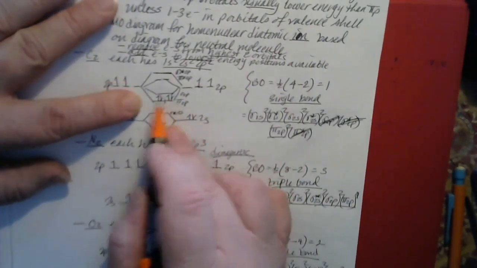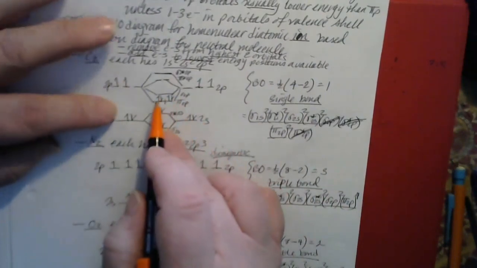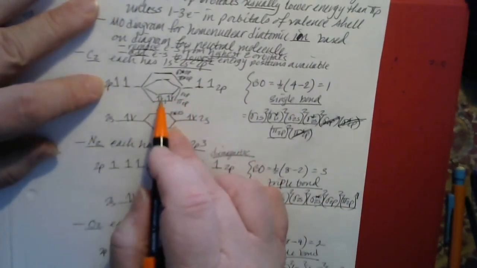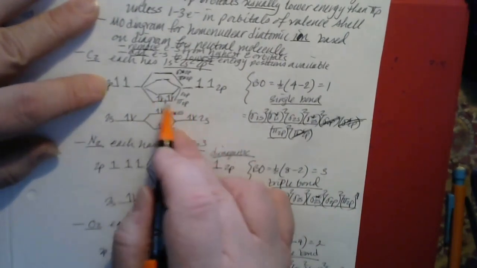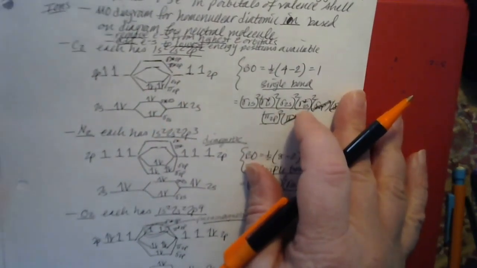And that's why there are two spaces down here on the bottom and only one here. And so you've got 4 electrons. So the first one would go into one of the pi 2p molecular orbitals. The second electron would go into the other pi 2p molecular orbital. And then the third and fourth electrons would just create pairs in each of those orbitals. And so that would be your molecular orbital configuration for C2.